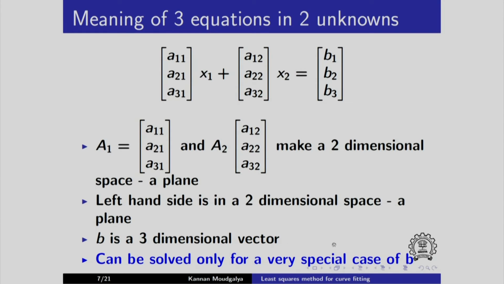It can be solved only for a very special case of B, namely for a particular set of B that will be present on this plane. In general, however, this B cannot be constrained to this plane. We can represent this geometrically in the next slide.